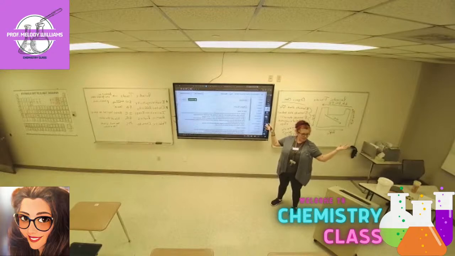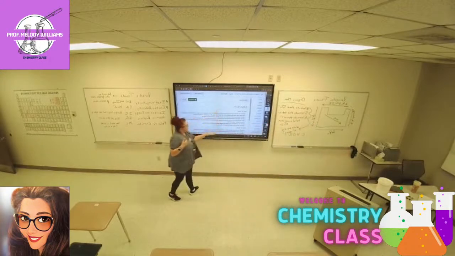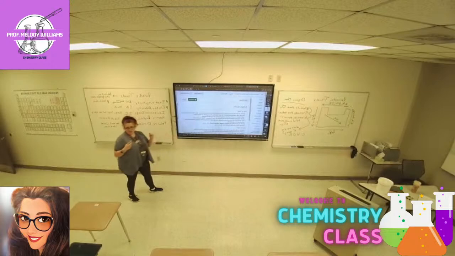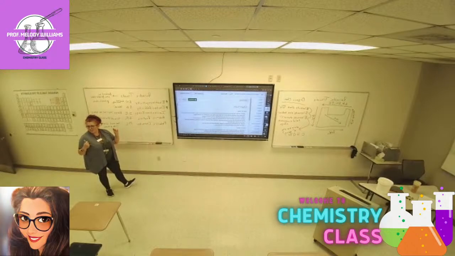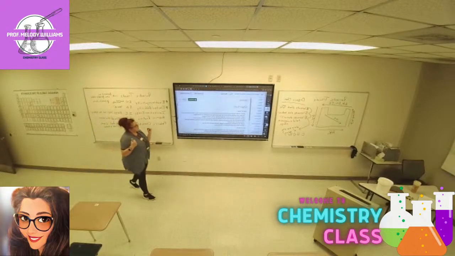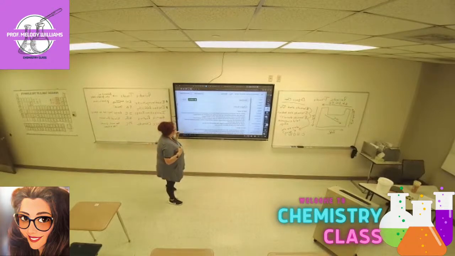If I gotta walk around and look at your notes, come on, give me some feedback here. Which part of these objectives do you feel like you're struggling with that we've covered so far? Y'all doing all right with Lewis structures now that we've kind of gone back through that a little bit? Okay. What about the octet rule?